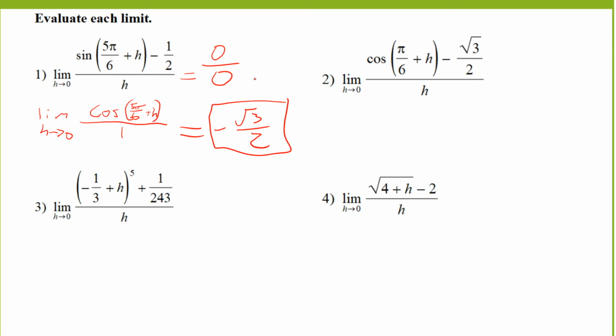Okay, Kelly for the next one. If I plug in 0, what's the cosine at pi over 6? Root 3 over 2. So this is root 3 over 2 minus root 3 over 2 is 0 over 0 again, which means we can use L'Hospital's rule.